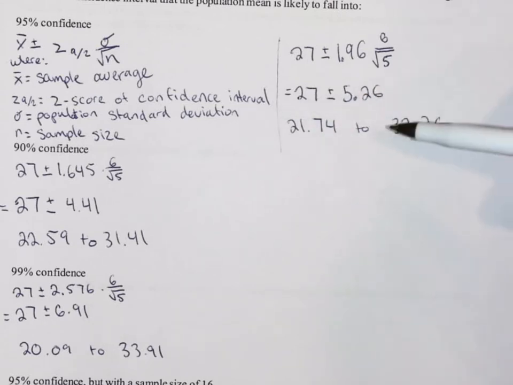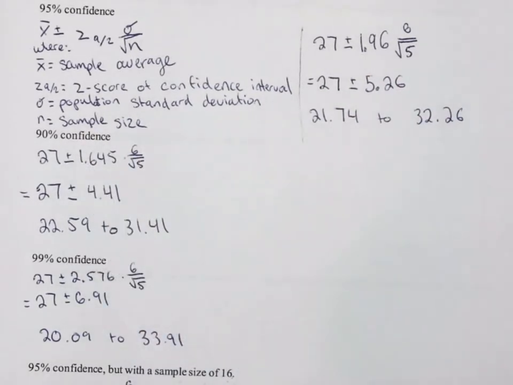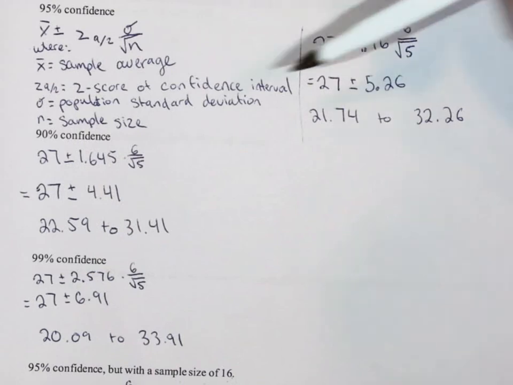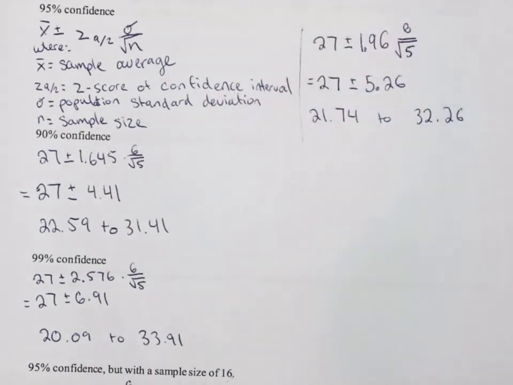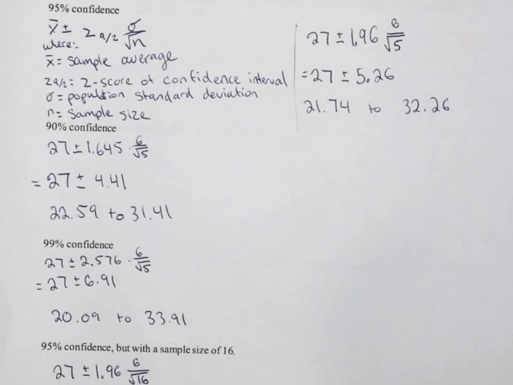So the larger the sample size, or the less confidence you have, will bring down the range that is used.